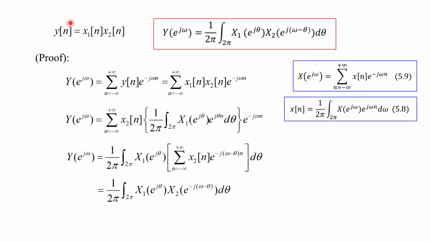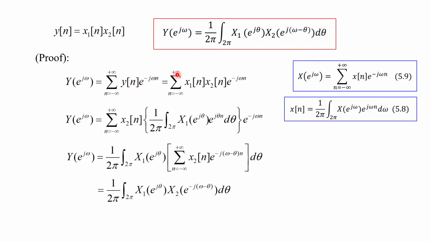You have y as the multiplication of x1 and x2. Then basically we use our two Fourier transform equations back and forth, once again our synthesis equation and analysis relationship. So first we write our big Y with our analysis equation: summation of small y times e^(-jωn).